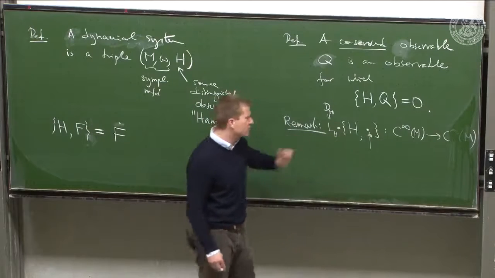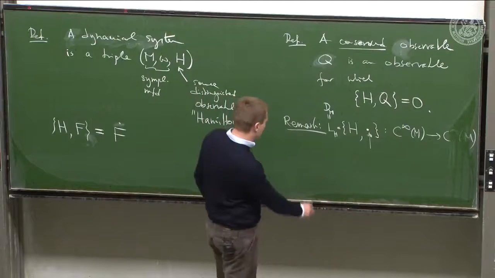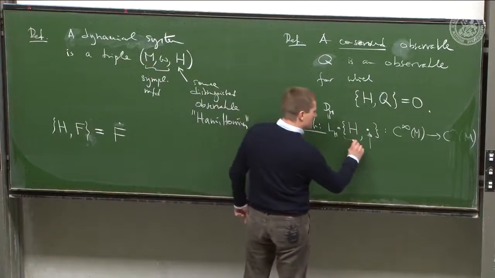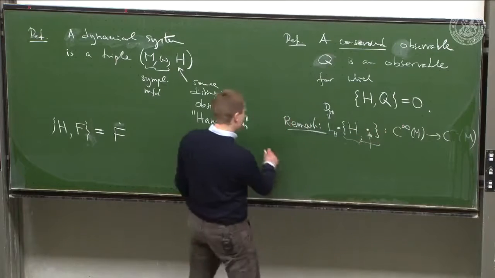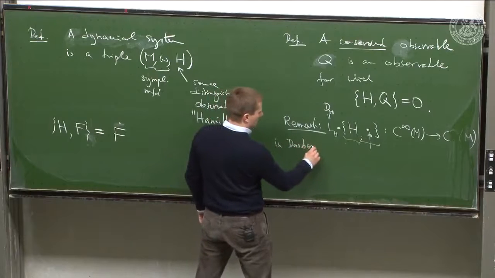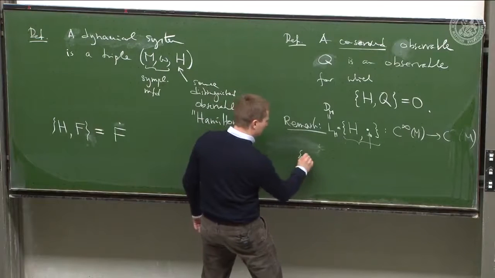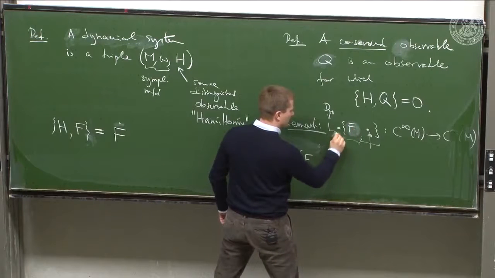But the attention I want is on this object: you can plug something in, something comes out. What is it? Well, we don't need Darboux coordinates. I have any observable f, I'll write any observable f here.